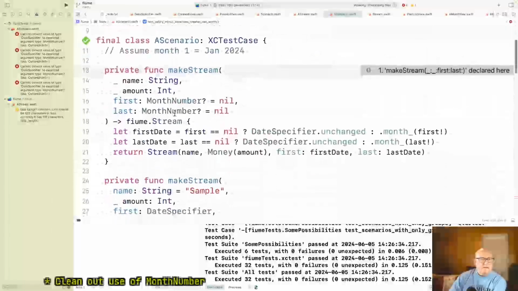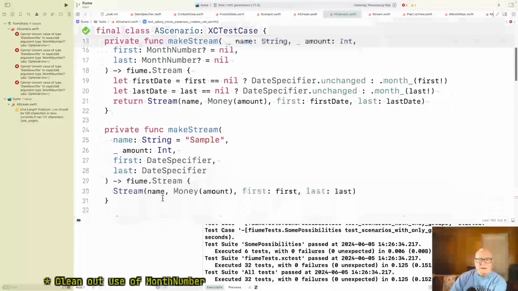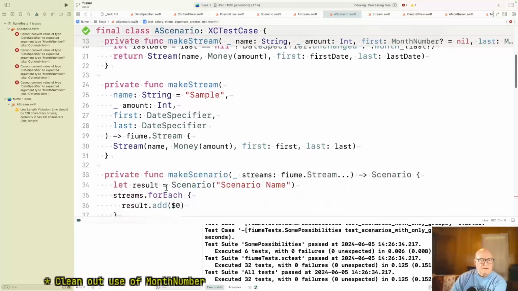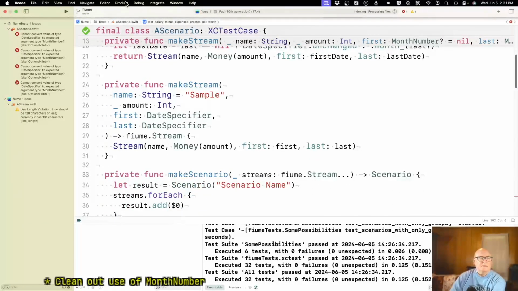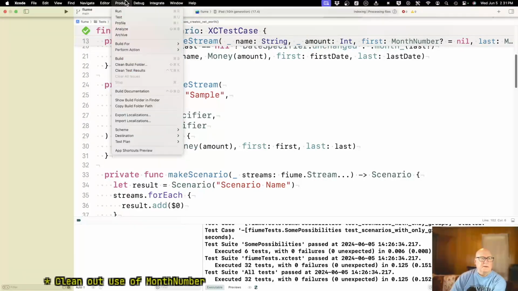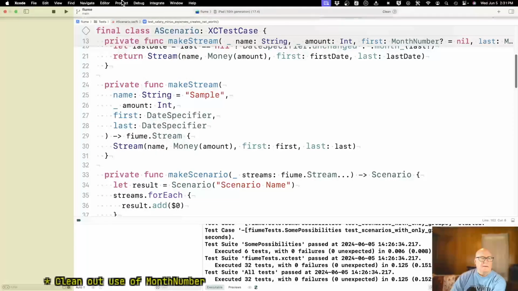I don't know what's going on. Oh, which in here?